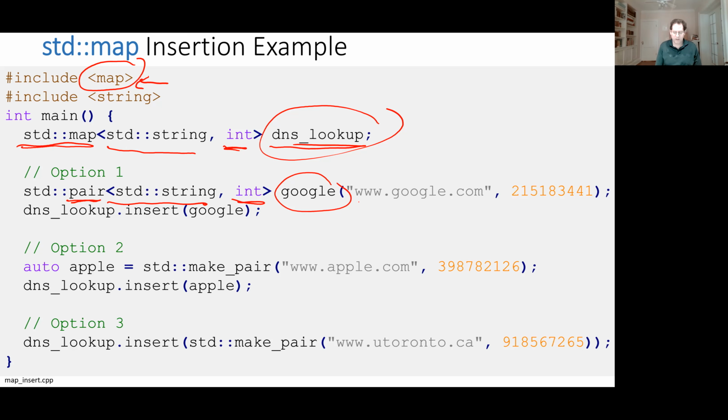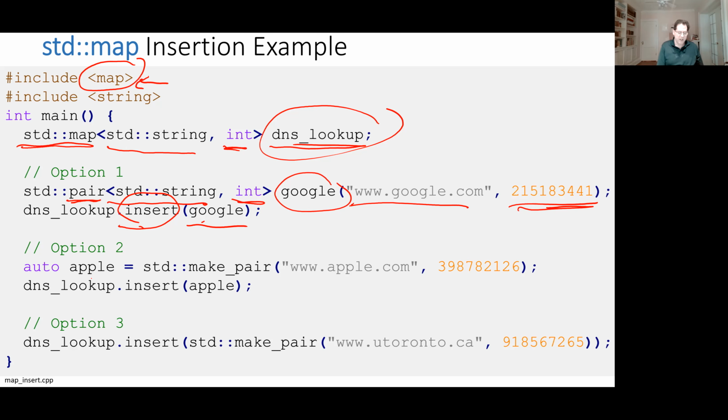I want the constructor to initialize it with this string and this integer. So I'm going to get a pair that has Google as a string, and then this particular integer is the IP address. And then I just insert that object. There's a member function called insert. We just talked about it for vector, but basically there's a member function called insert that puts new elements into a binary search tree. So I just pass that pair object in, and it'll be put in the tree.